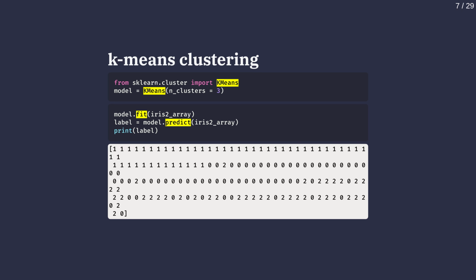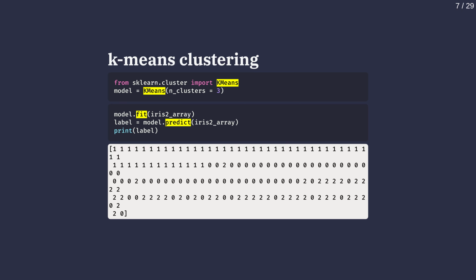This process fits the model to the data by identifying and storing the locations of each cluster. Then we can call its predict method on the same samples. This method returns a cluster label for every sample, showing which cluster it belongs to. Let's store these results in a variable called label and print them. As you can see, the 3 clusters have been assigned to 3 labels: 0, 1, and 2.